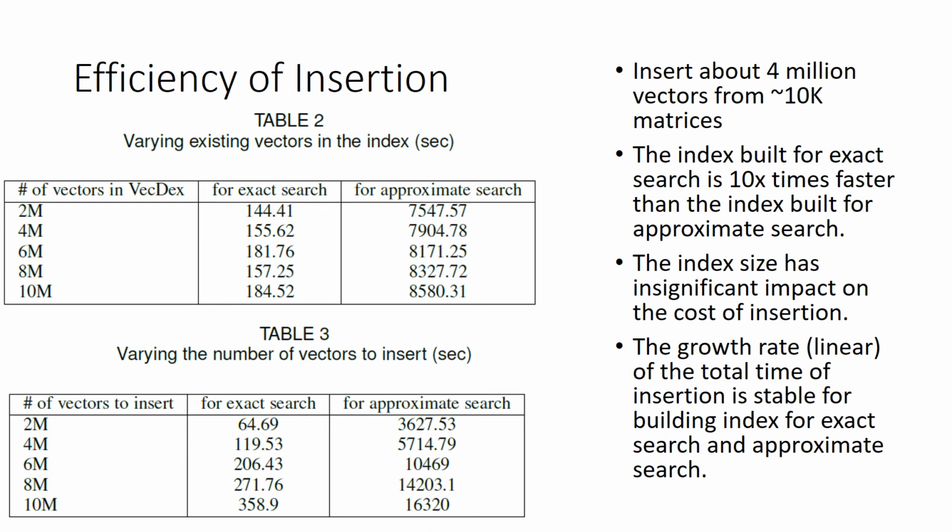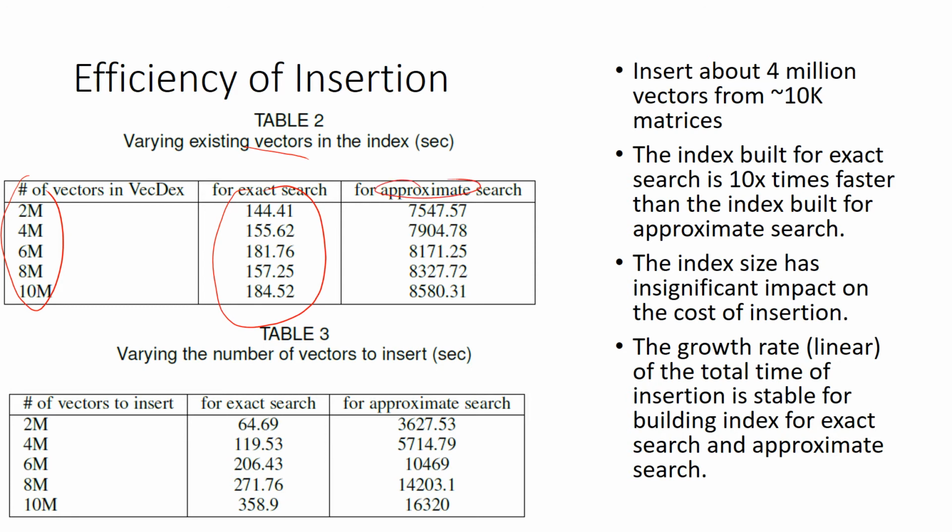We also conduct experiments to study the efficiency of insertion. We vary existing vectors in the inverted index from 2 million vectors to 10 million vectors. In terms of the exact search, the efficiency is quite stable. The insertion doesn't depend much on the index size because the lookup is based on hashing, so we can find where to insert very quickly for the exact search.